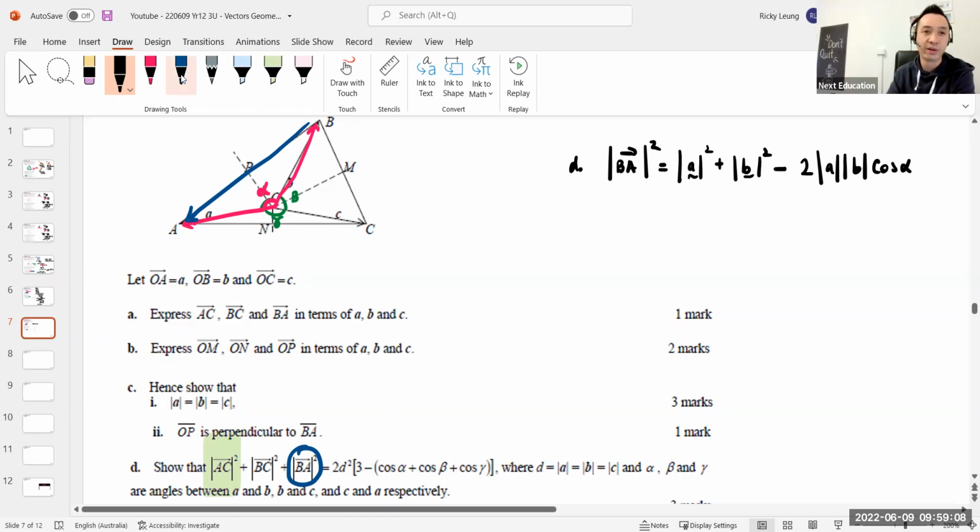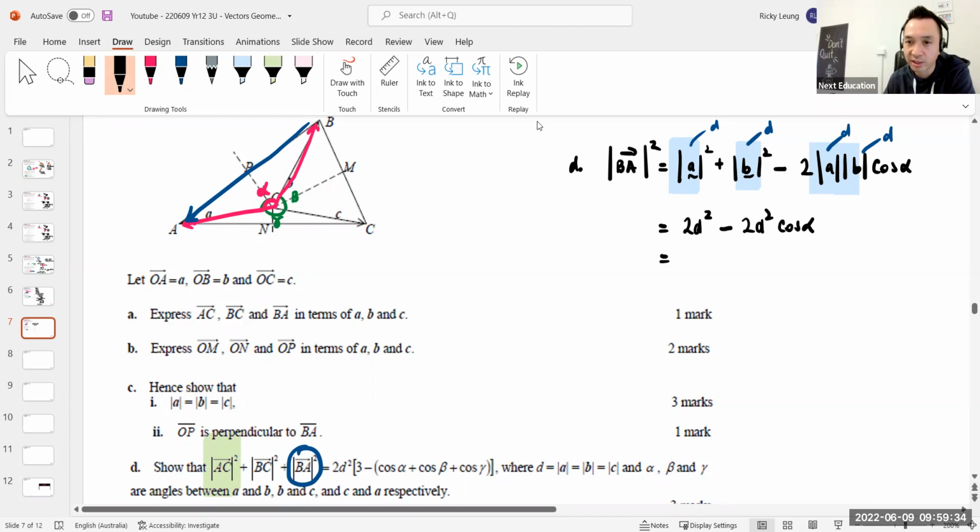Now, this is why every time you see one of these magnitudes of A, B, they want you to replace it all with D's, right? That's D, D, D, and D. Then that's quite clean because it becomes 2D squared minus 2D squared times cos alpha. I would try to factorize to get 1 minus cos alpha.